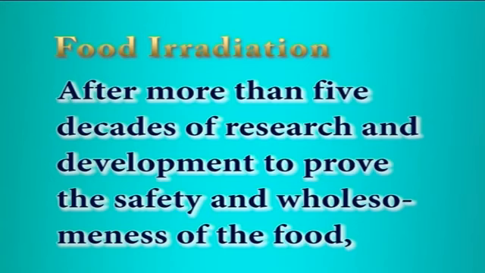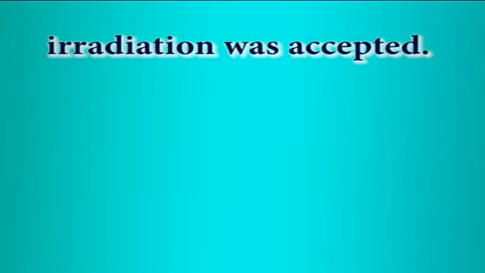Food irradiation. After more than 5 decades of research and development to prove the safety and wholesomeness of the food, irradiation was accepted. This method of food preservation had the largest political debate and public scrutiny. Food irradiation today is established as a safe and effective method of food processing and preservation.